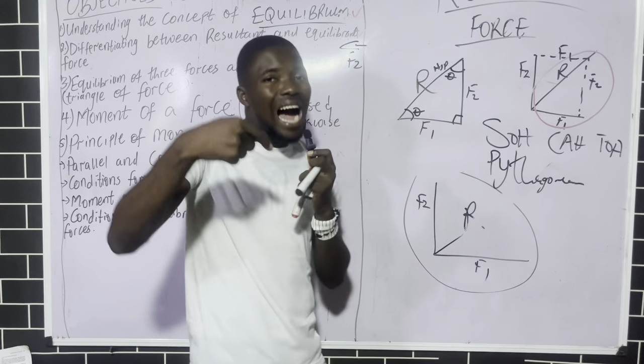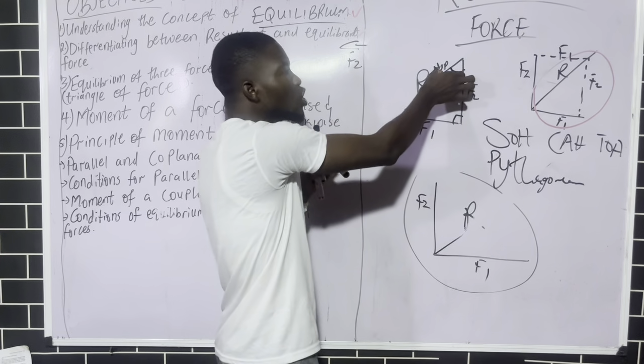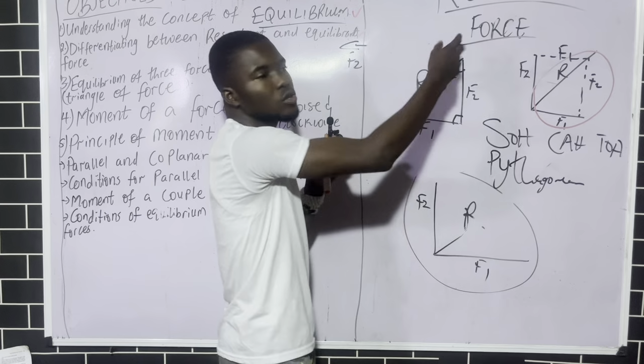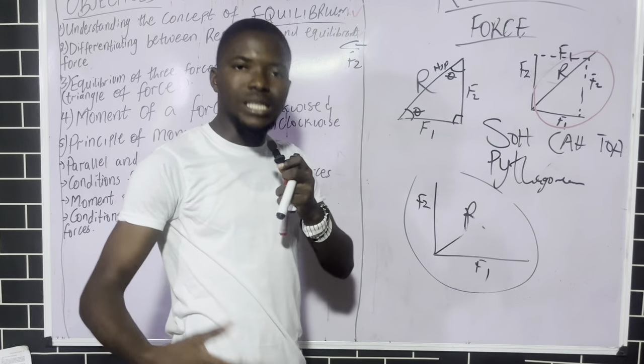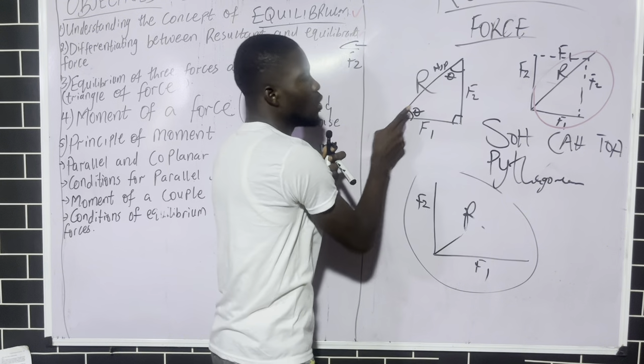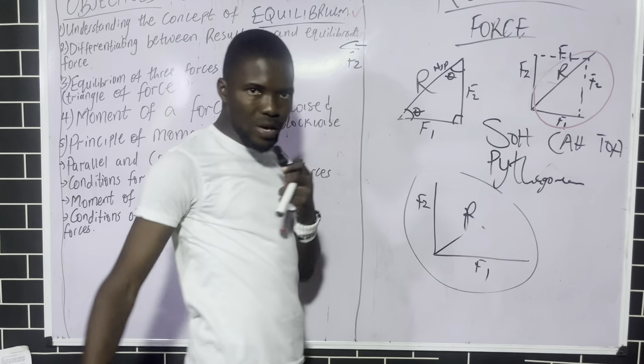The side facing the angle you are referring to, not the 90 degree, the other angle, is what we call the opposite. If I'm talking about this angle, this is my opposite, this is my adjacent. If I'm talking about this angle, this is my opposite, this is my adjacent. Are we getting it now?